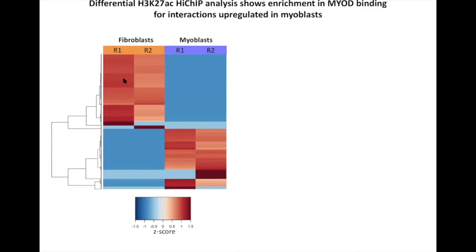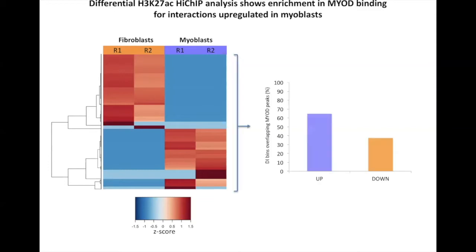You can see that there are pretty reproducible interactions captured in the fibroblasts, also in the myoblasts. When we look at all the interactions, either induced or downregulated in MyoD-expressing fibroblasts, we found that those interactions that were increased usually correlate with better binding of MyoD.